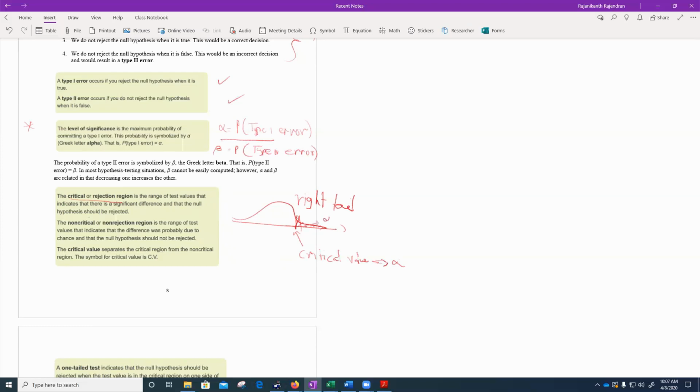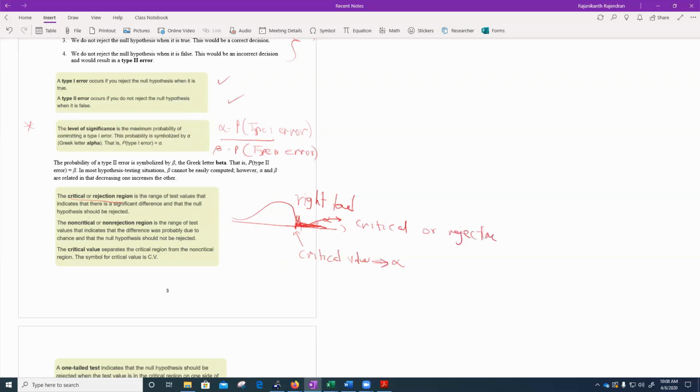Suppose if you know this alpha here, the significance level, then you know how to find the critical value, right? Once you have the critical value, this region is called the critical or rejection region.